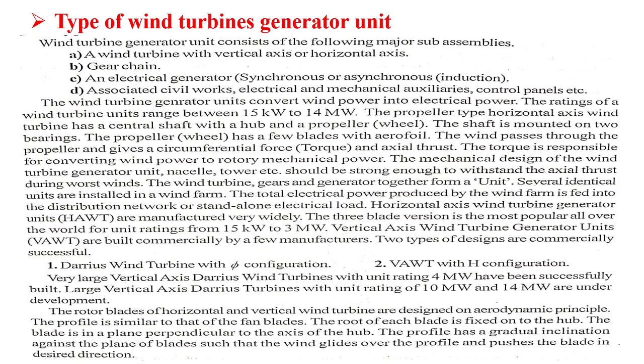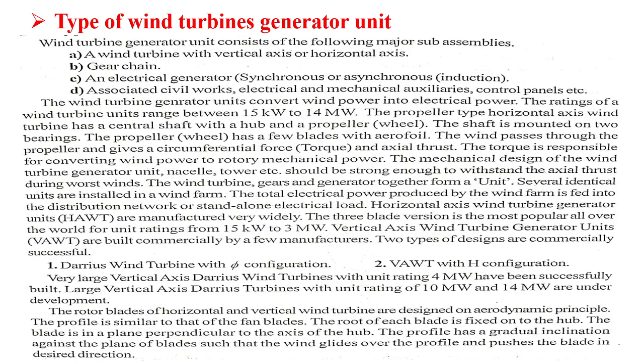The shaft is mounted on two bearings. The propeller wheel has a few blades with aerofoil. The wind passes through the propeller and gives a circumferential force, torque, and axial thrust.